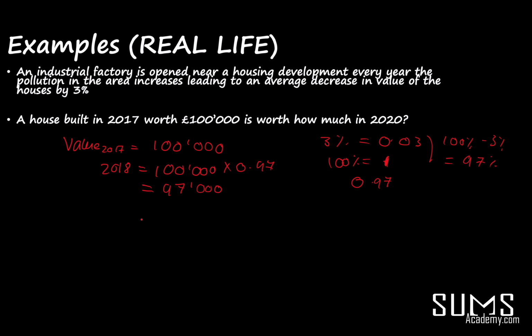Okay, then what about in 2019? 2019 equals 97,000 pounds times 0.97. Okay, what about in 2020? Well, by the end of 2020 we should expect... did I not actually count? Oh, I've not finished the one before.